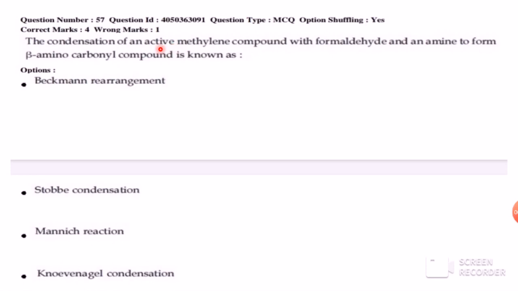When this compound condenses with formaldehyde and an amine, which may be a primary amine, secondary amine, or ammonia, to form a beta amino carbonyl compound or beta amino ketone, it is known as the Mannich reaction. So your correct option is the Mannich reaction, option C.